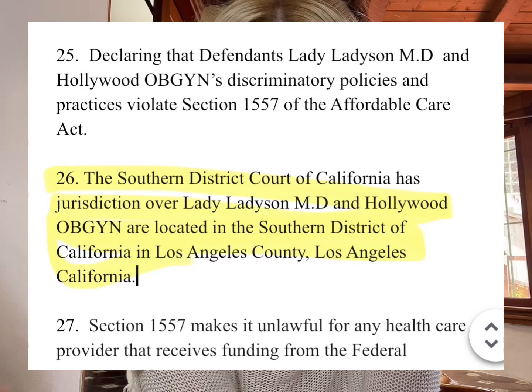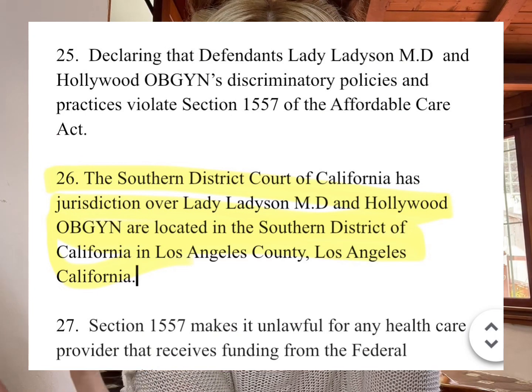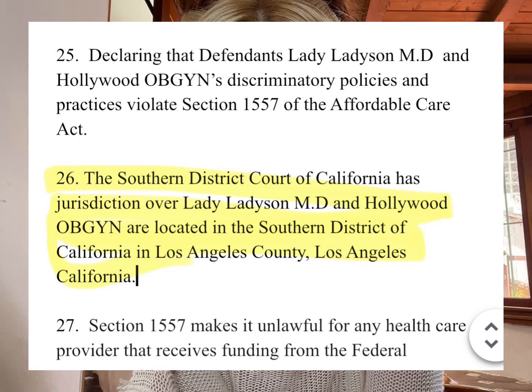You're going to reinstate your jurisdiction and venue here. So your next line is going to be, "Lady Ladyson MD and Hollywood OBGYN are located in Los Angeles County in the Southern District of California. The Southern District of California has jurisdiction over both Lady Ladyson MD and Hollywood OBGYN."